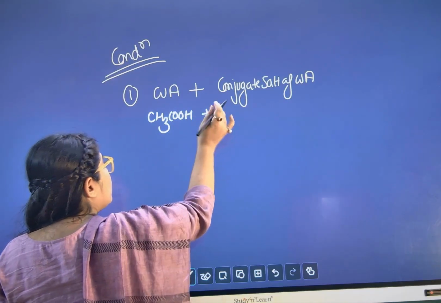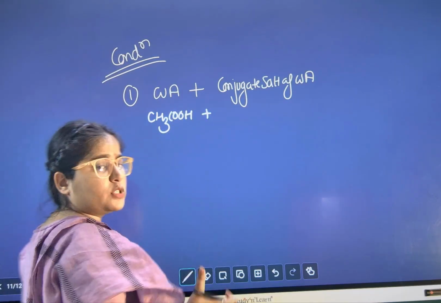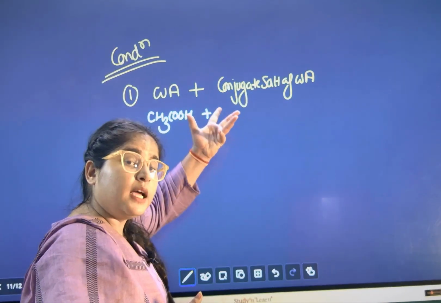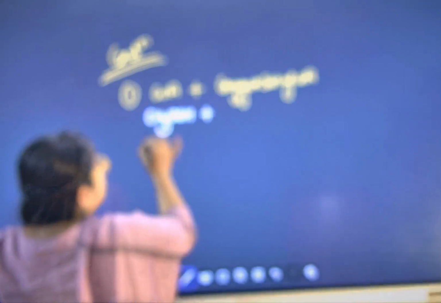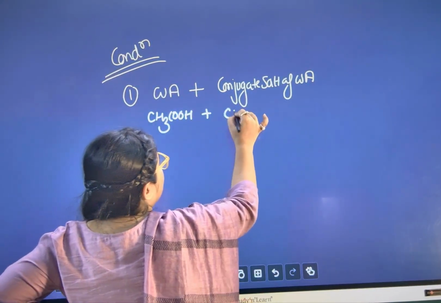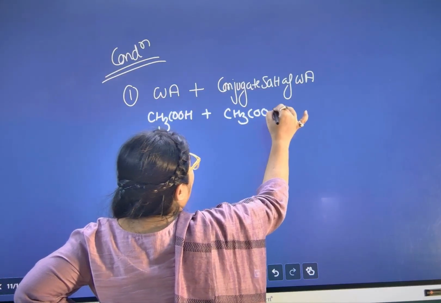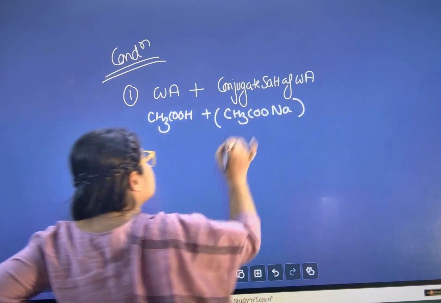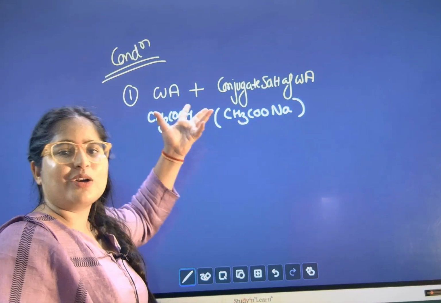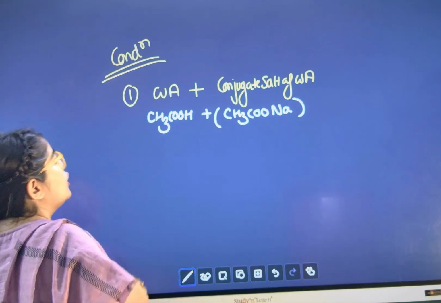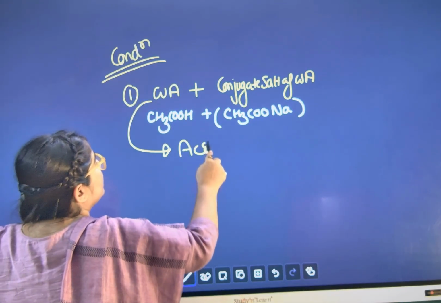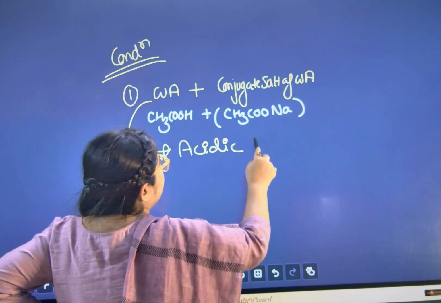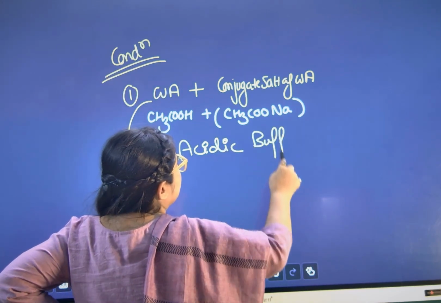In a solution we should have the weak acid, along with its salt. What type of salt? Conjugate salt. So who is the conjugate here? CH3COO minus. So we'll get CH3COONa. Are you able to understand? So weak acid plus salt is our buffer solution. Since it is a weak acid, we say it is an acidic buffer.